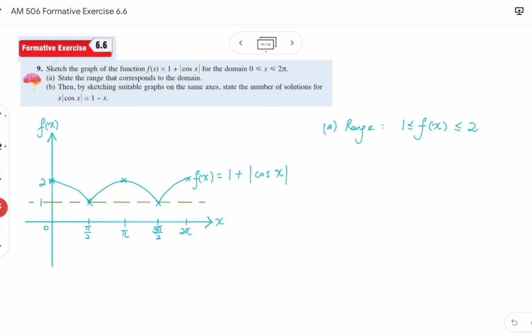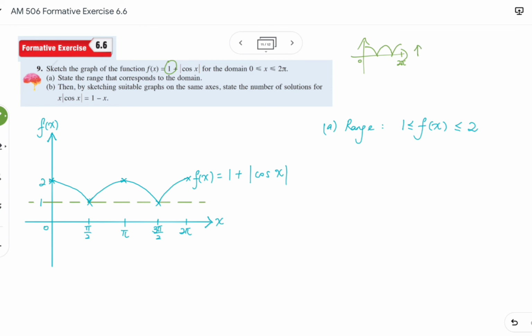Alright, so first we will sketch out cosine x, which is a wave-shaped curve from 0 to 2 pi. And then with the modulus, we flip whatever is below the x-axis to become positive. So we get this. Okay, next, the whole graph will be plus 1. So we shift up 1 unit.